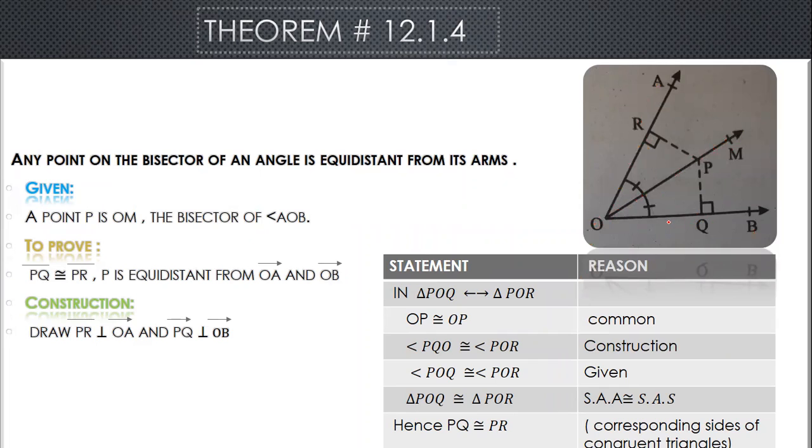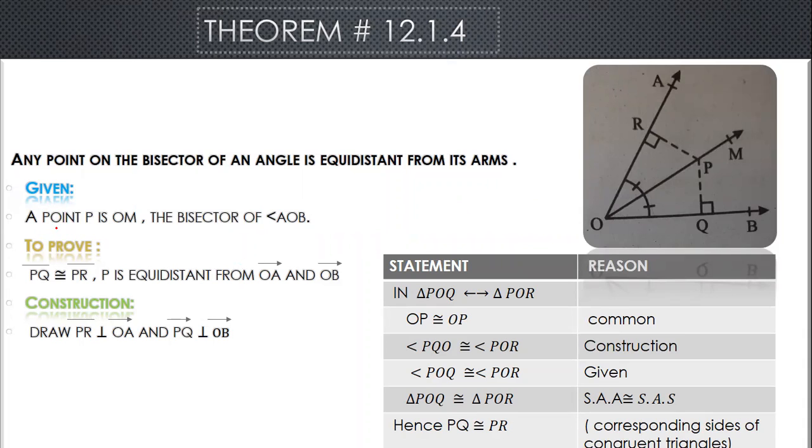Now we will prove that if any point lies on this bisector OM in any place, then that point will be equidistant from the arms, which are OA and OB. According to the diagram, we will prove that PQ is congruent to PR.